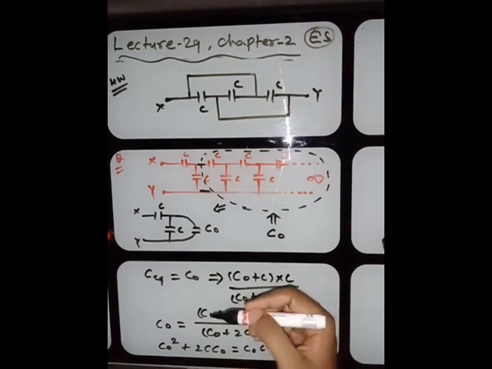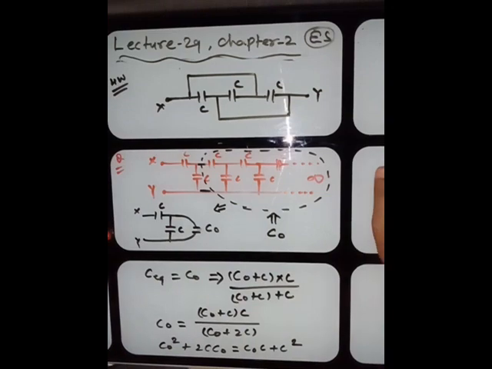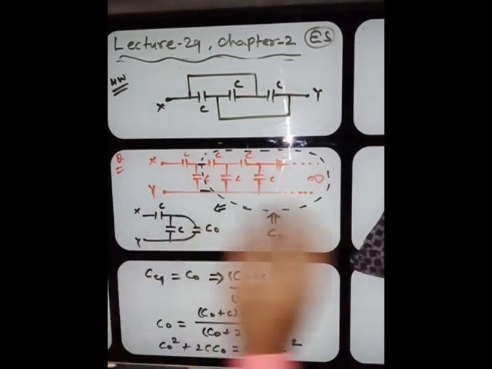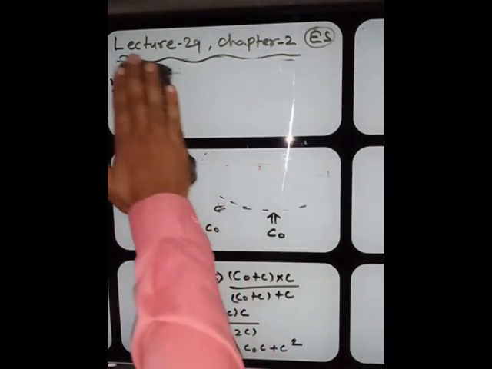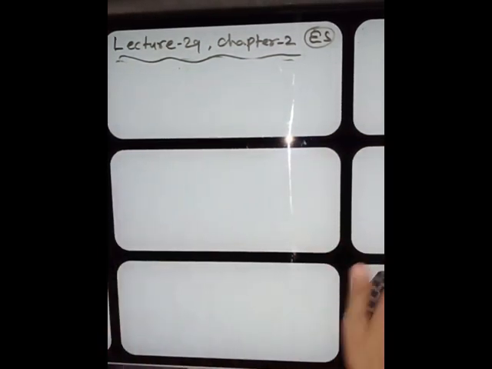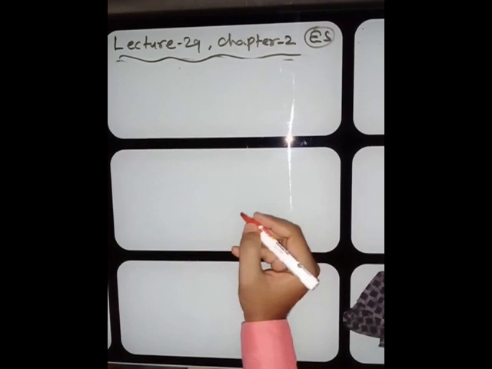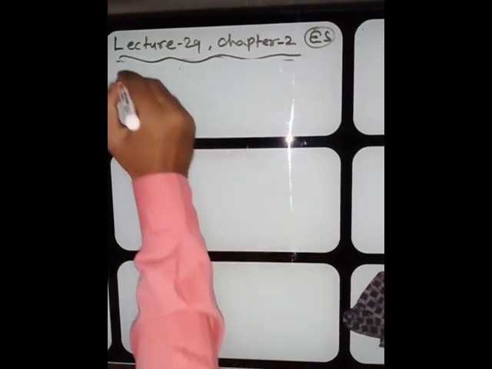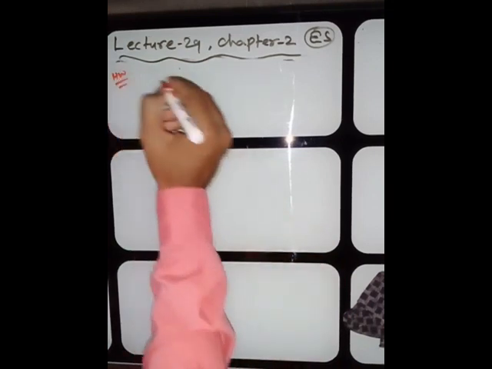I am giving you, my dear students, another question for your homework. Kindly note down. I am rubbing this one. Okay, so this is your homework, my dear students. You have to find the equivalent capacitance of this network.